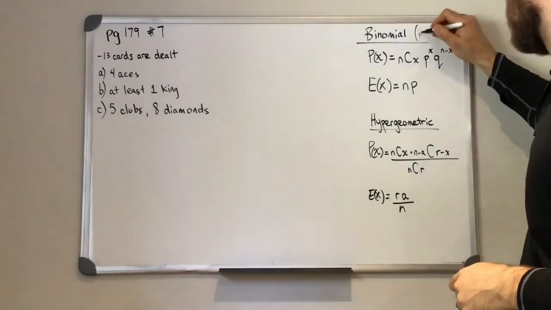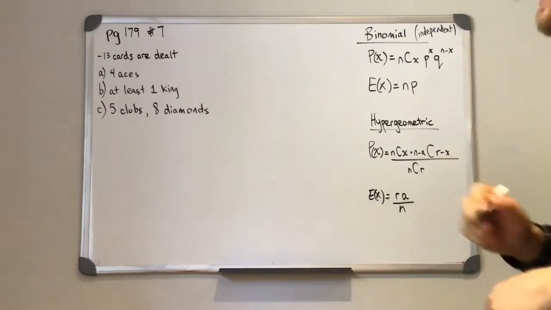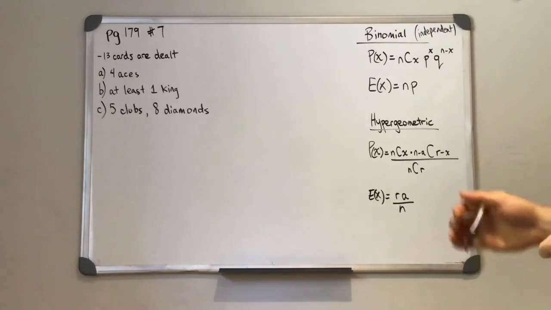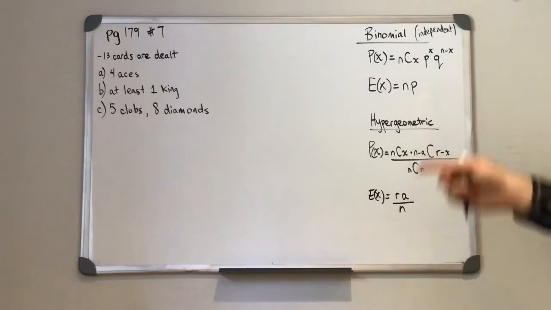Binomial is for independent events. Just a reminder, independent events mean that whatever happened on the first trial or the first coin flip doesn't affect the following coin flip.